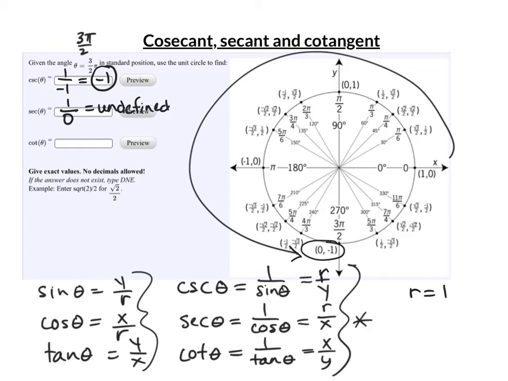Now, in WAMAP language, we write DNE for does not exist. The cotangent of theta is x over y. So x over y is 0 over -1, which is 0.